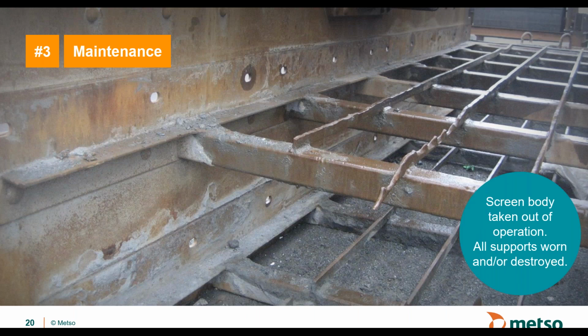Well, this is just to show that there is more than screen cloth. Screen boxes also wear, and here you can see a worn-out screen body and the longitudinal supports. You can see how they're worn. The one in the middle looks almost like a saw blade, and the one to the left of it, you can see the top of the stringer is actually quite affected, and this comes from cloth movement against the support.